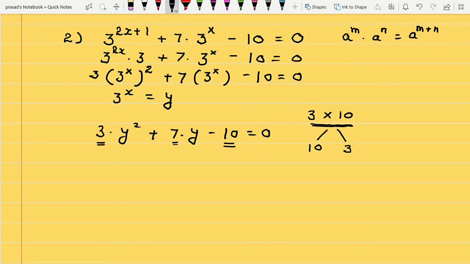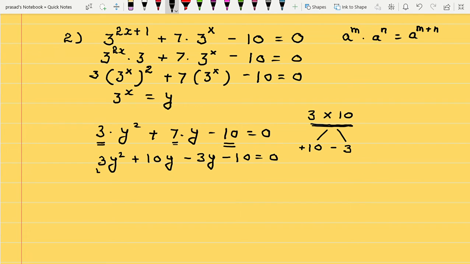The difference of 10 and 3 is 7. You want plus 7, so plus 10 minus 3. So 3y square, now plus 7y, I will split it up as plus 10y minus 3y minus 10 equal to 0.